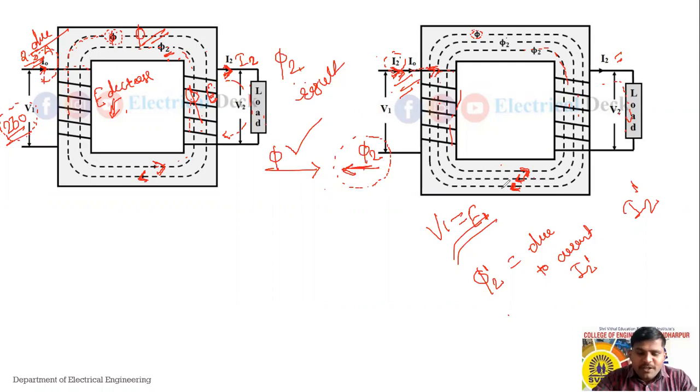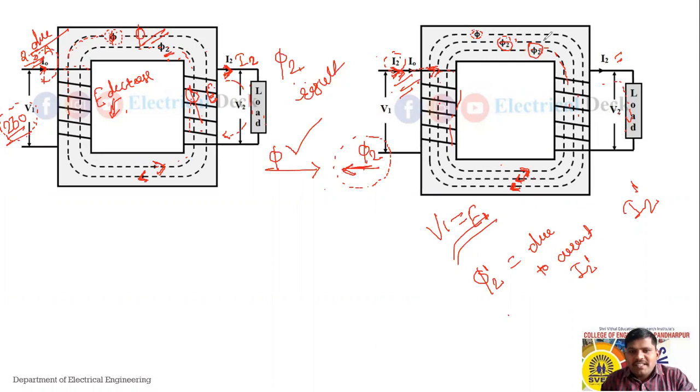Okay, so see, this effect of phi2 will be neutralized by this phi2 dash. That means it will neutralize the effect of flux produced by the secondary current. So in the transformer only the resultant flux will remain.